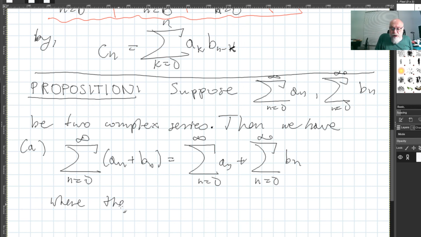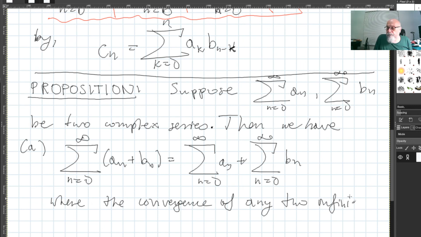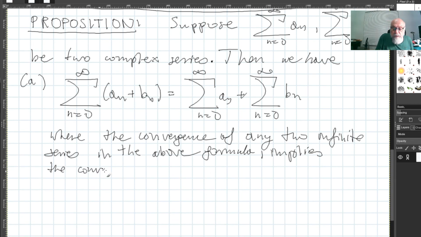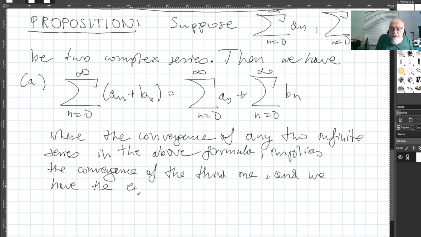Where the convergence of any two infinite series in the above formula implies the convergence of the third one, and we have the equality of numbers, of their values, like it is described here.